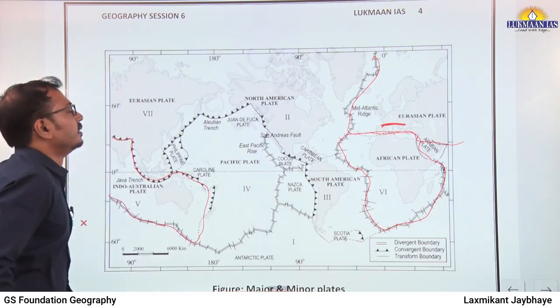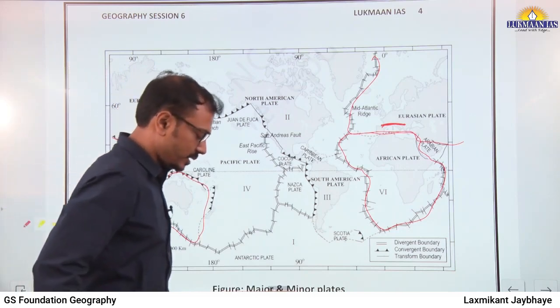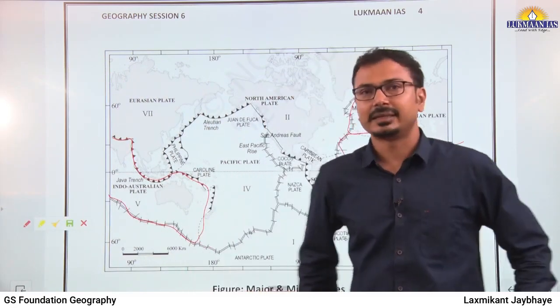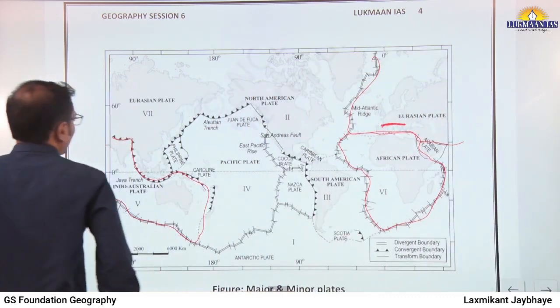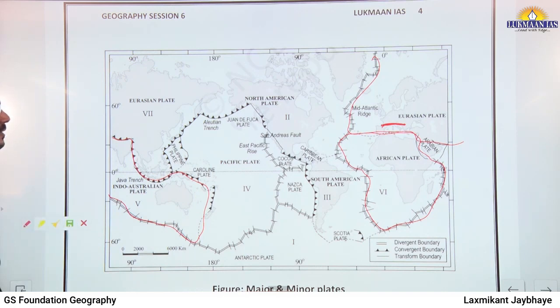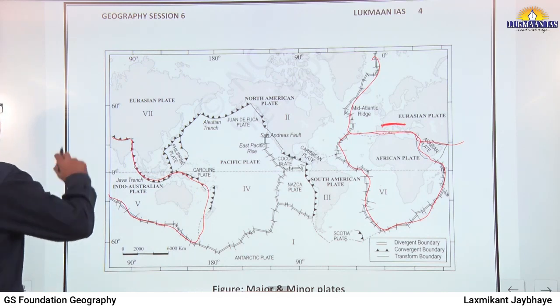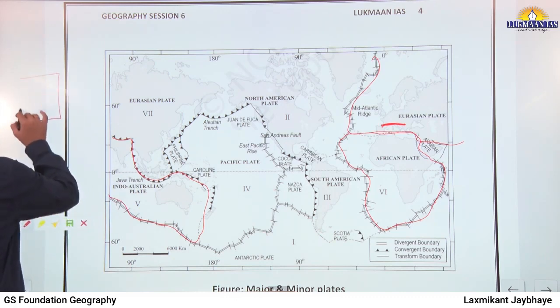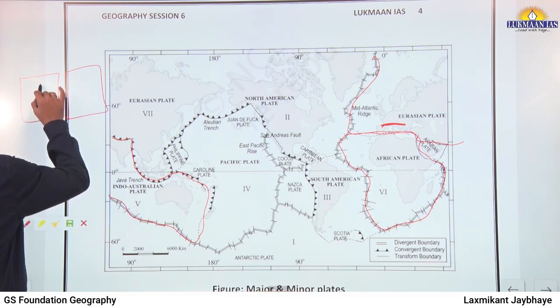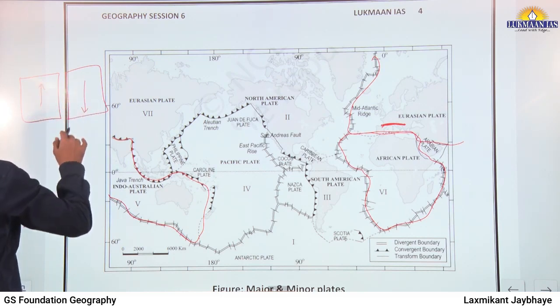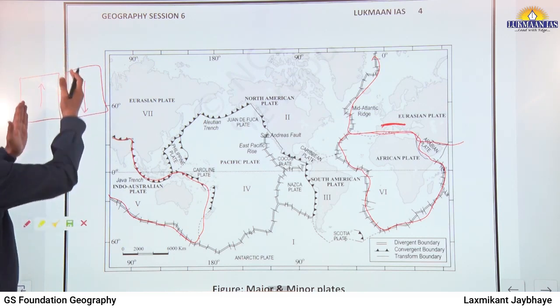Now, the third type of plate boundary that is created is neither converging nor diverging; rather, the plates are sliding past each other. Suppose this is one plate and this is the other plate, and they are moving in opposite directions in this manner.